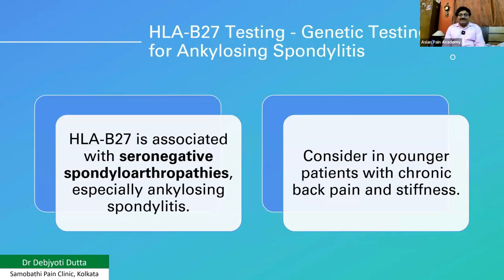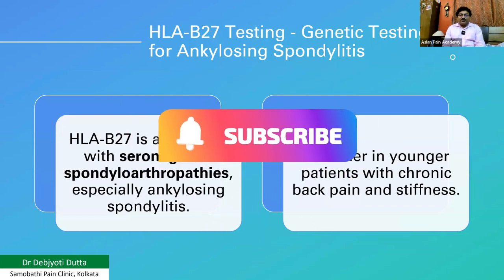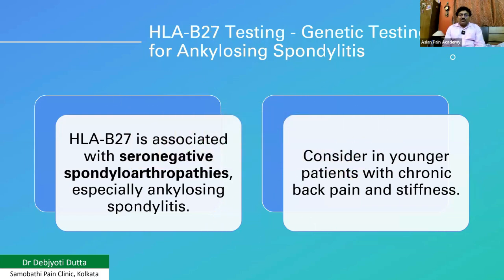HLA-B27 is the genetic testing for ankylosing spondylitis. Remember, HLA-B27 is not only positive for ankylosing spondylitis, but it could also be positive for other members of the spondyloarthropathy group, for example undifferentiated arthritis, psoriatic arthritis, Reiter's disease, and arthritis associated with inflammatory bowel disease. In all those members, there could be a possible increase in the positivity of HLA-B27.